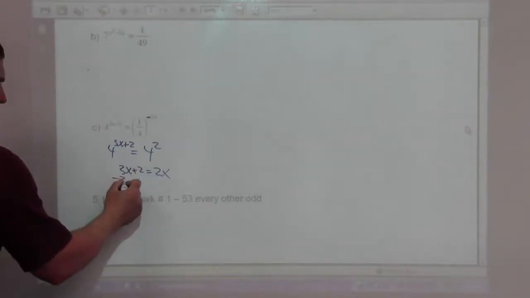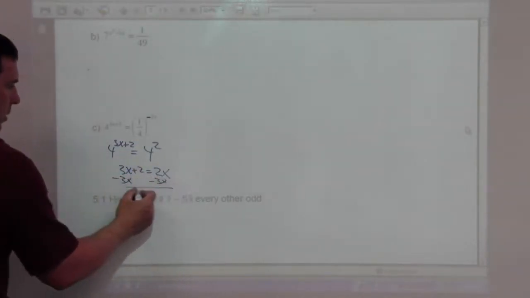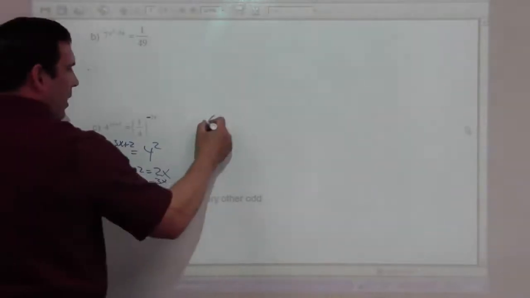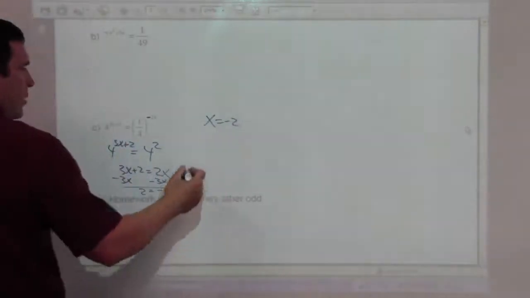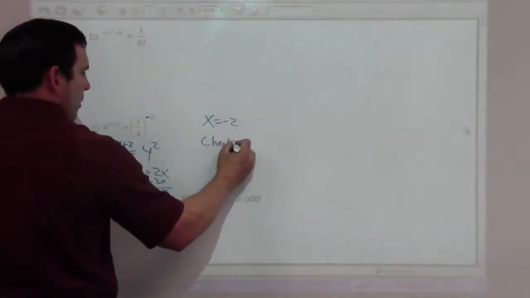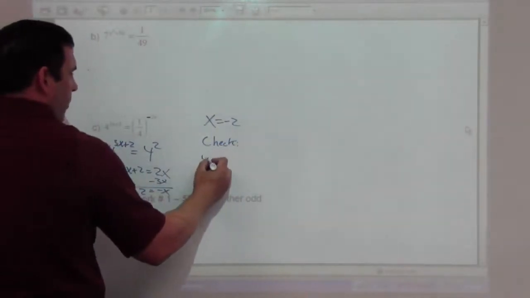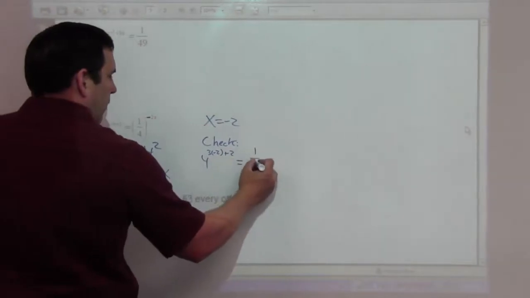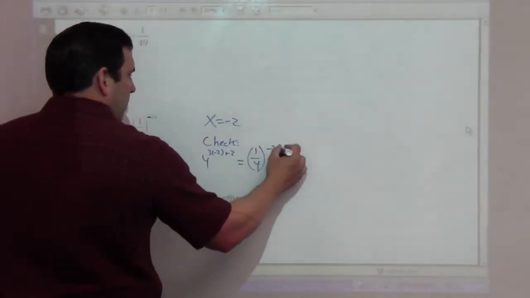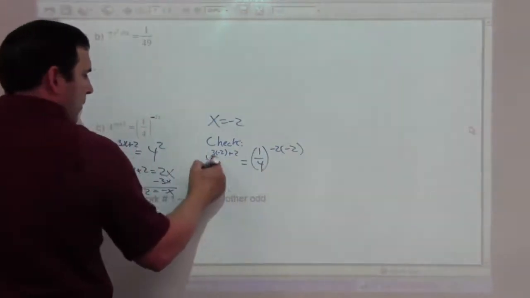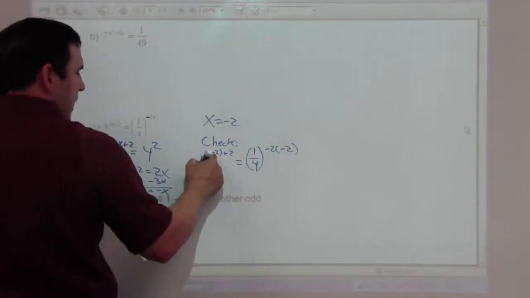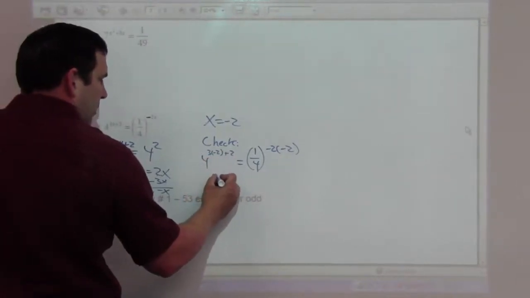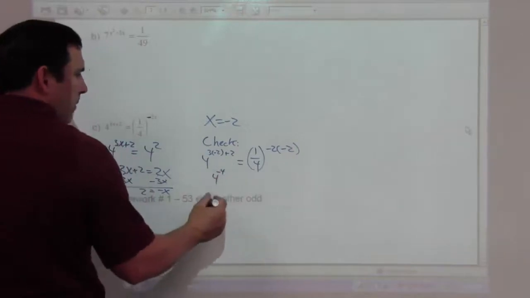Now if I subtract 3x from both sides, 2 equals negative x, so x equals negative 2. Now let's check that. Is it 4 to the 3 times negative 2 plus 2 equal to 1 over 4 to the negative 2 times negative 2? 3 times negative 2 is negative 6 plus 2 is negative 4.